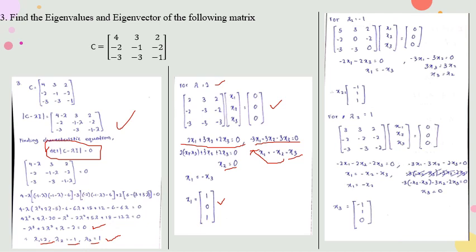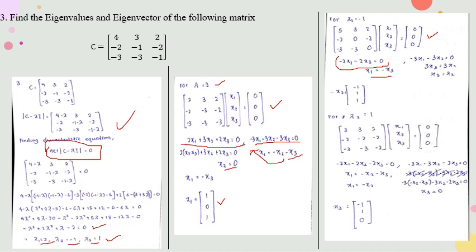For lambda equals negative 1, here is the new matrix after substituting lambda with negative 1. Here I'm using the second row, which is negative 2x1 minus 2x3 equals 0, and we will find that x1 is equal to negative x3.